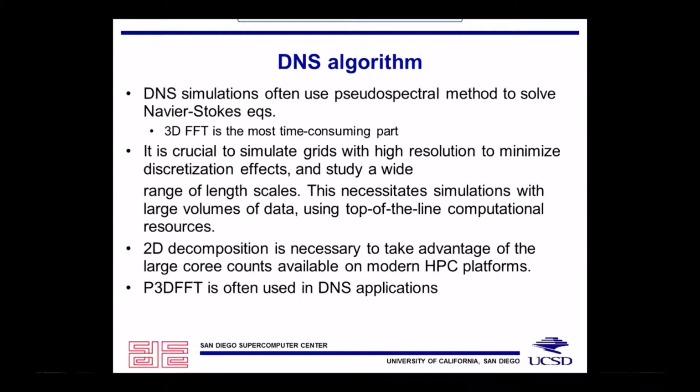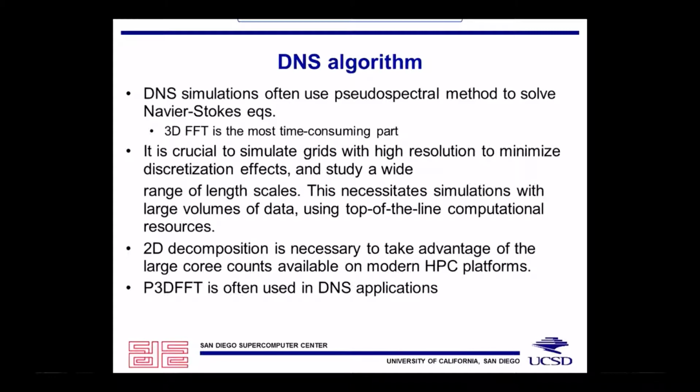So typical DNS simulations use a so-called pseudospectral method to solve the Navier-Stokes equations, and the 3D FFT is the most time-consuming part of that algorithm. As I mentioned already, two-dimensional decomposition is necessary to take advantage of the large core counts available on modern HPC platforms. So P3DFFT has found a lot of use in various DNS applications, and let's take a look at the results from one of them.